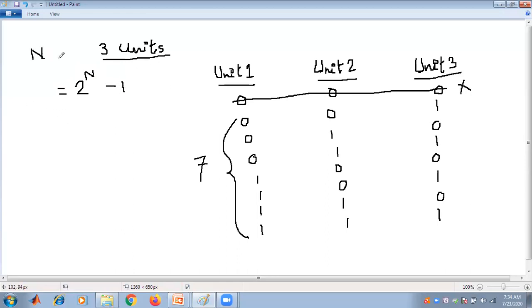For 3 units, that is 2 to the power 3 minus 1, which can easily be found to be 7. So for the 3 units, the total number of combinations is 7, as we have seen, 1, 2, 3, 4, 5, 6, 7, of units in running condition in order to meet the load demand.